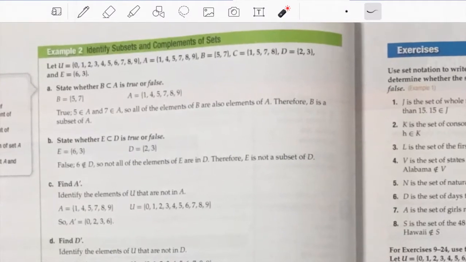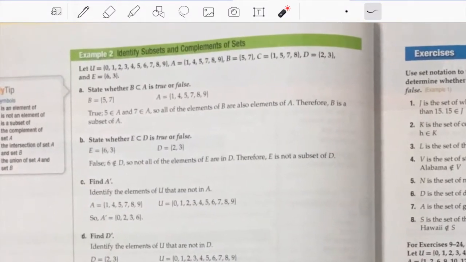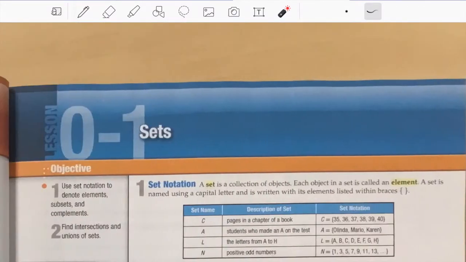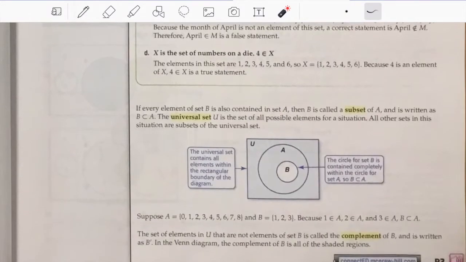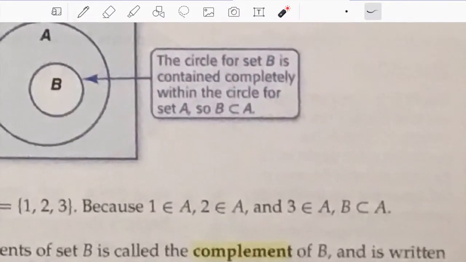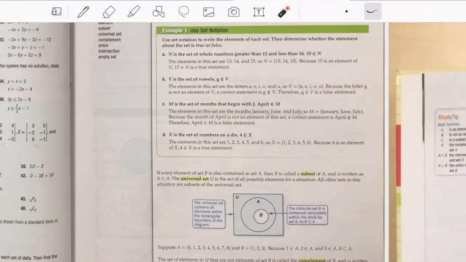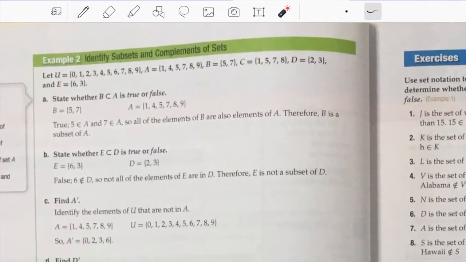The next thing that's sort of interesting is identifying subsets and complements of sets. Oh, and there was a symbol for subset. The symbol for a subset is the sideways U. So we would say that B is a subset of A. Okay. Next, identify subsets and complements of sets.